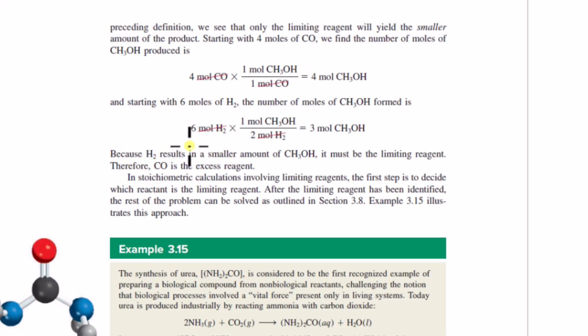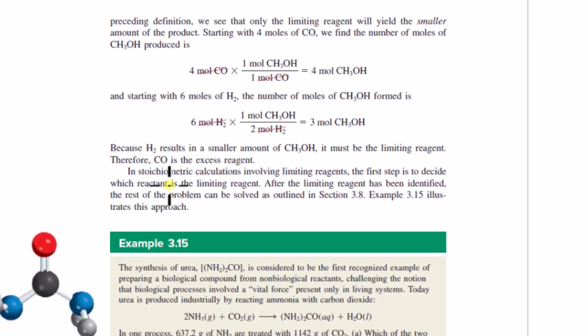If all 6 of the moles of hydrogen gas were completely converted to methanol with no issue of running out of carbon monoxide, then you would produce 3 moles of methanol. And so you can see how this shows you that the 6 moles of hydrogen gas is going to be limiting, because you can produce more product with 4 moles of carbon monoxide than you can with 6 moles of hydrogen gas. So there are different ways of analyzing the reaction to see which reagent is limiting.